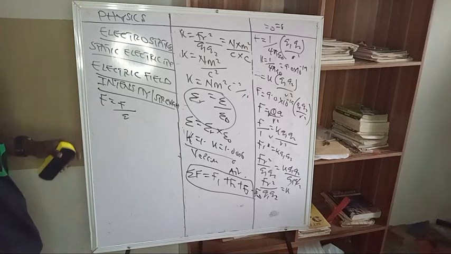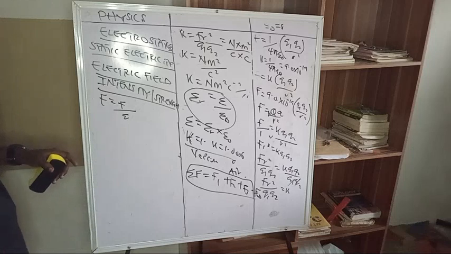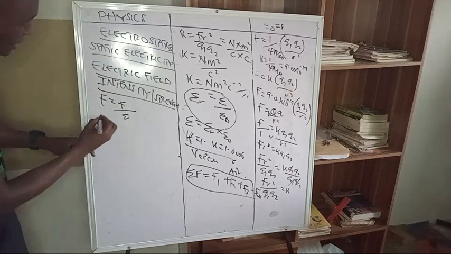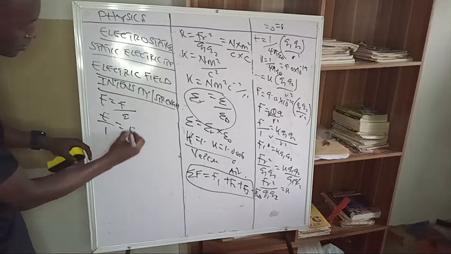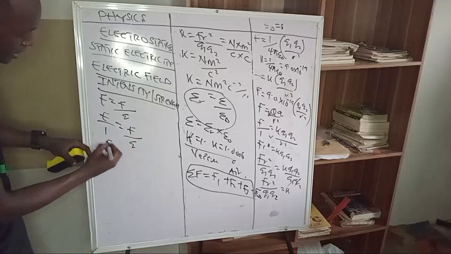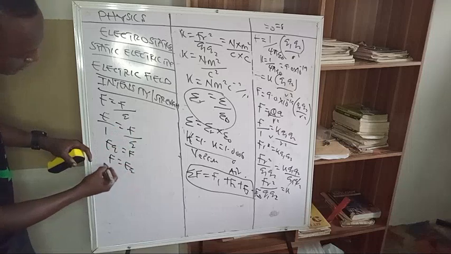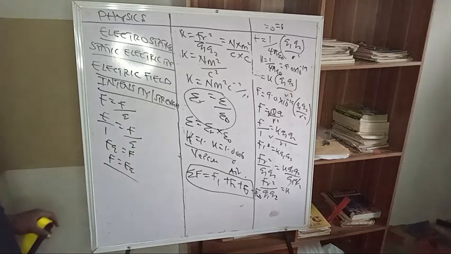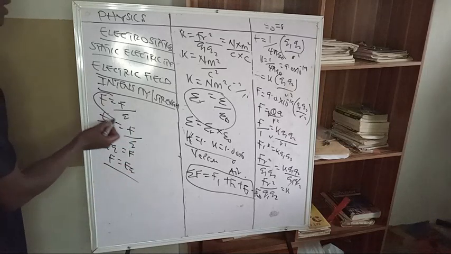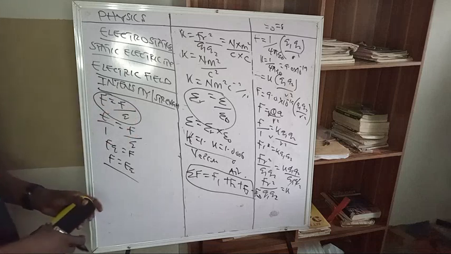If you are doing physics 142 and you watch the quantum video, we said E over 1 is equal to F over Q. So we have EQ is equal to F, or F is equal to EQ. That is, force equals the electric intensity multiplied by charge. So electric intensity is defined as the ratio of force per charge.